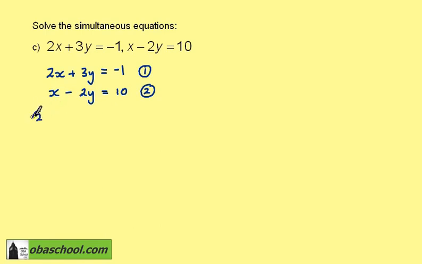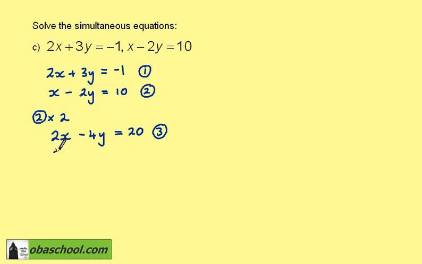We could multiply equation 2 by 2, and if we did so, we'd get 2 times x, 2 times minus 2y is minus 4y, and 2 times 10 is 20. Call this equation 3.